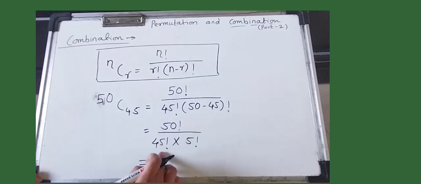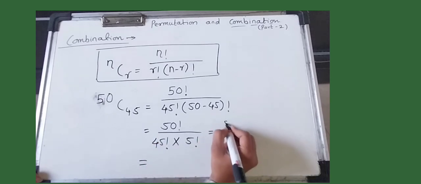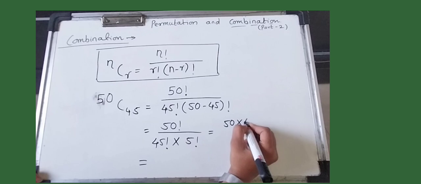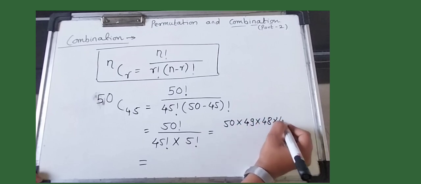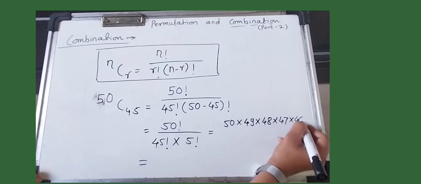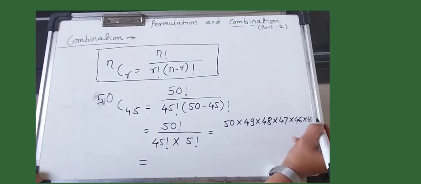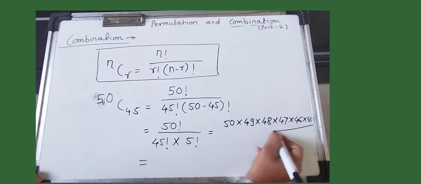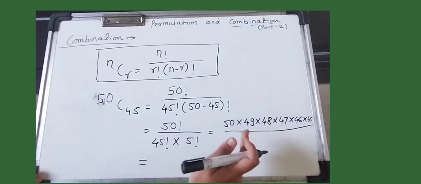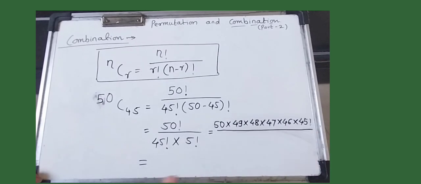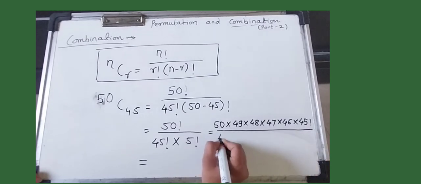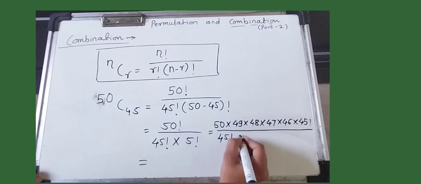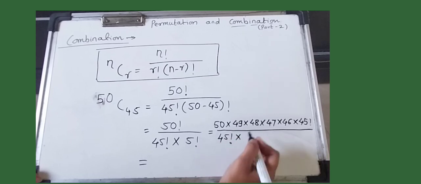So see, in the denominator there is a 45 factorial. So write down here 50 into 49 into 48 into 47 into 46 into 45 factorial. Here is also 45 factorial into 5 factorial.